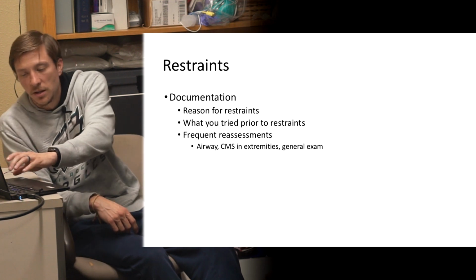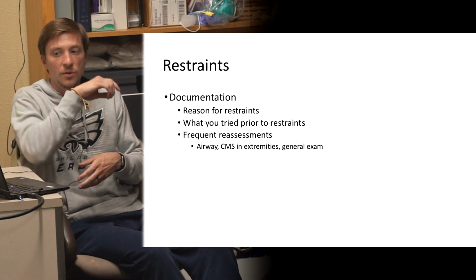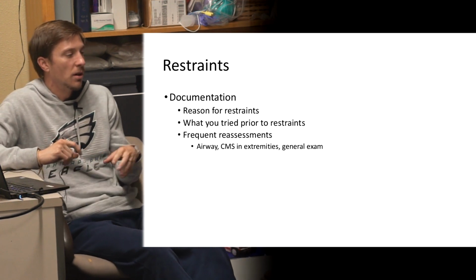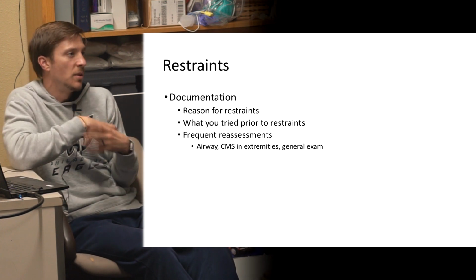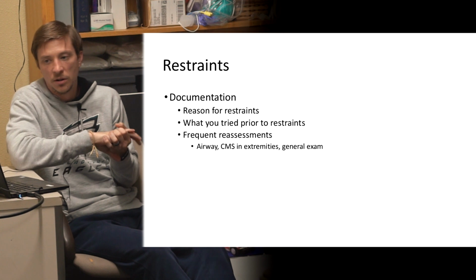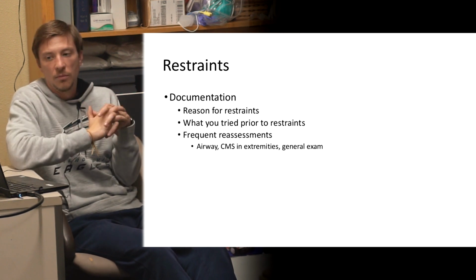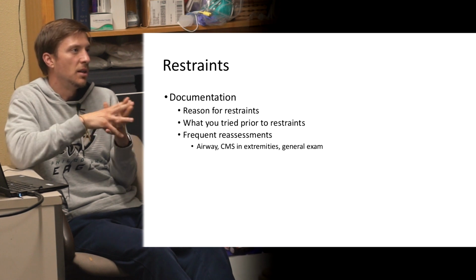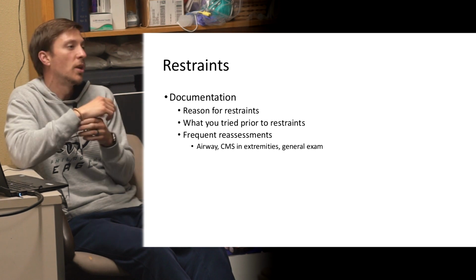And then documentation. Again, documenting first the reason why you restrained the person. They were a threat to themselves because X, Y, Z. They were a threat to me and the staff because X, Y, or Z. They were destroying the back of the ambulance, and this is what they did. Then documenting what you tried to do prior.